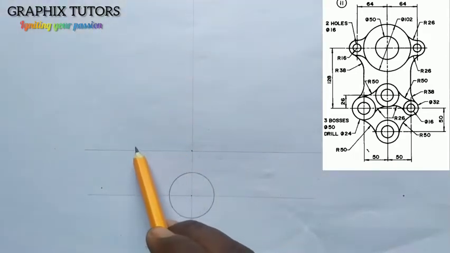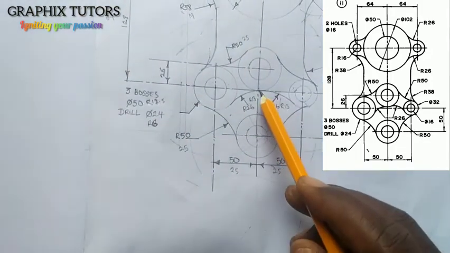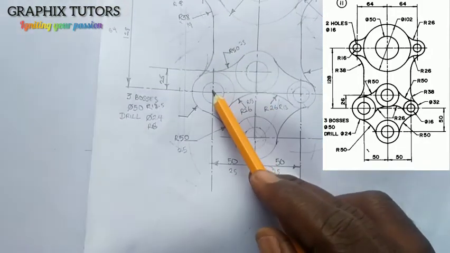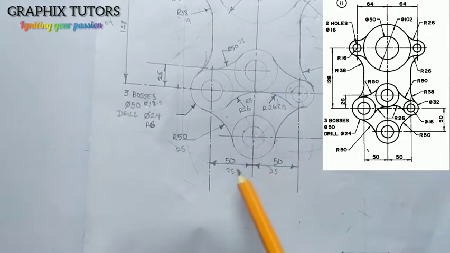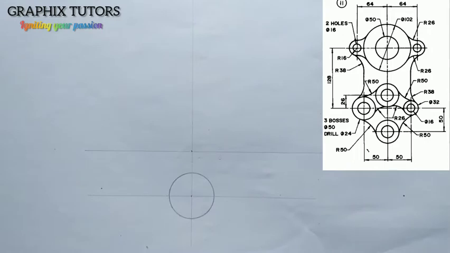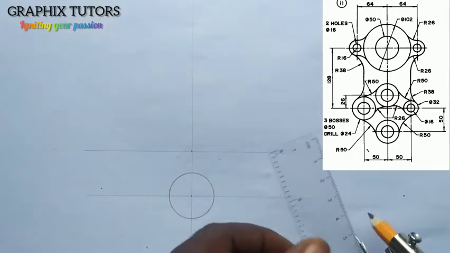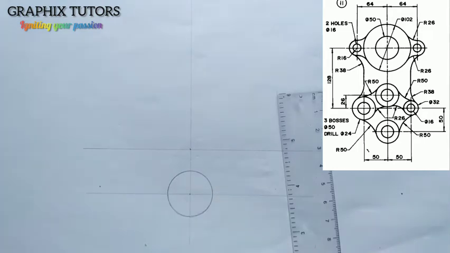So to the left is 50, to the right is 50, just like what you see here. From this point to this point is 50. From this point to this point 50, but we're using 25. So I'll measure 25 left and right. It is easier to use my rule, right?